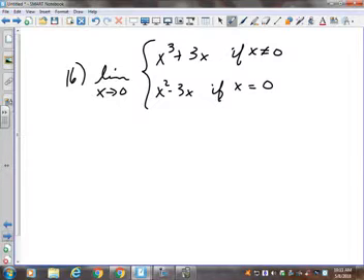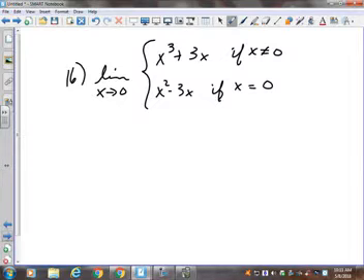All right, so we've been asked to look at the limit at 0. And it didn't ask me for right or left. I'll put up a right or left one in a minute. Let's talk about one that doesn't have right or left again first.